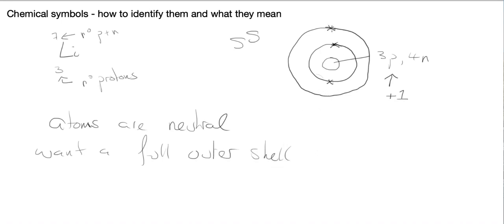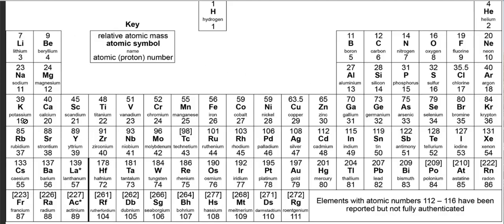It wants to have a full outer shell, which means it either has to have just this shell, which has 2 electrons in it, or it has to have another 7 in this shell. Now what lithium will do, and if we go back to all our other elements in the periodic table, what lithium will do, sodium, potassium, rubidium, cesium, francium, all of these elements have all got 1 electron in the outside shell.